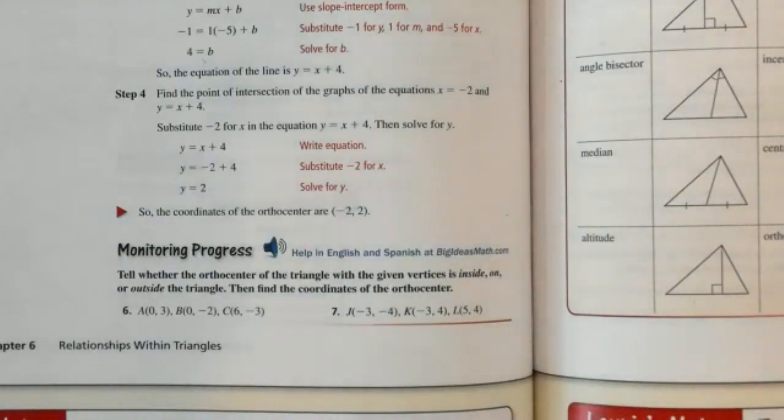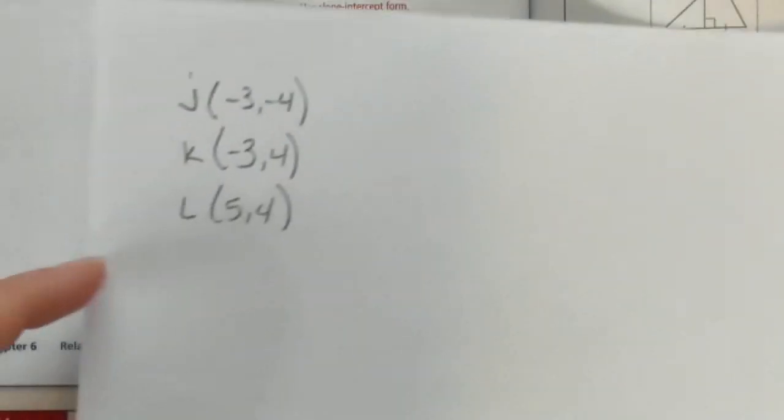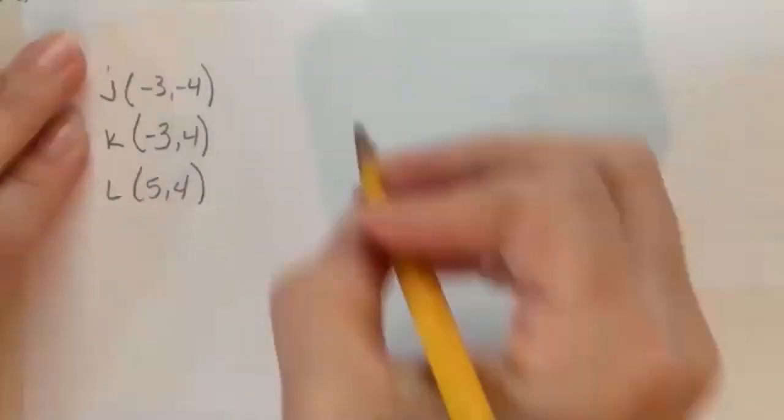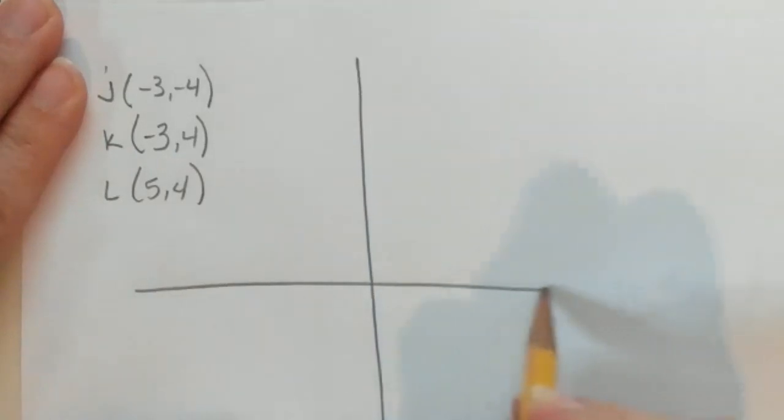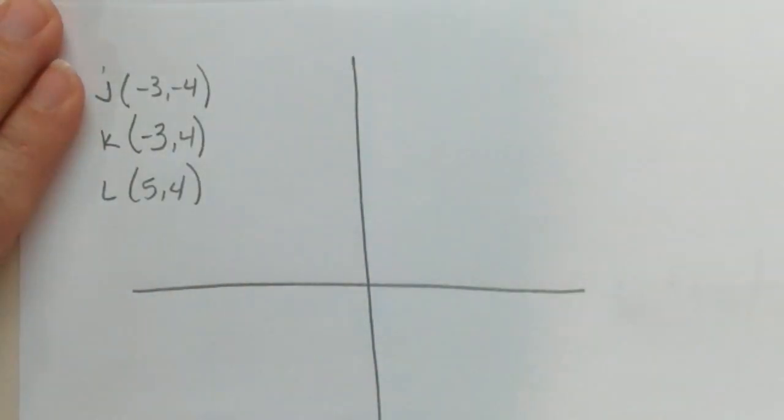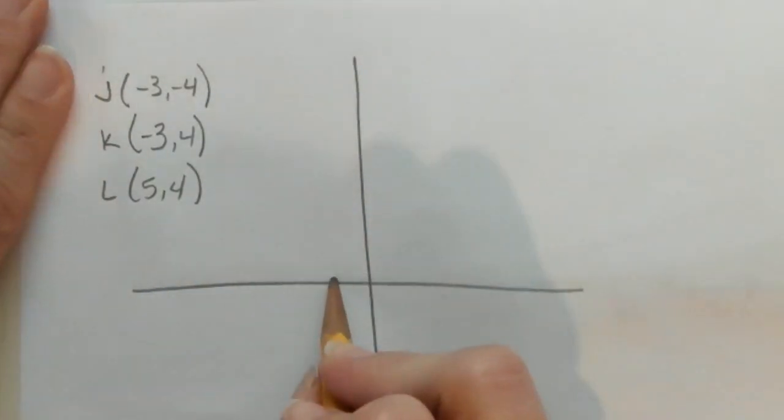And L is (5, 4). Let's see if I can move this so I'm not drawing in there. There we go. So here we go. Graphing this. All right, (-3, -4).